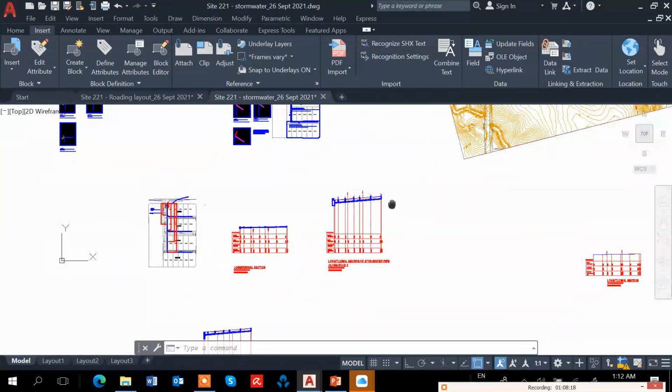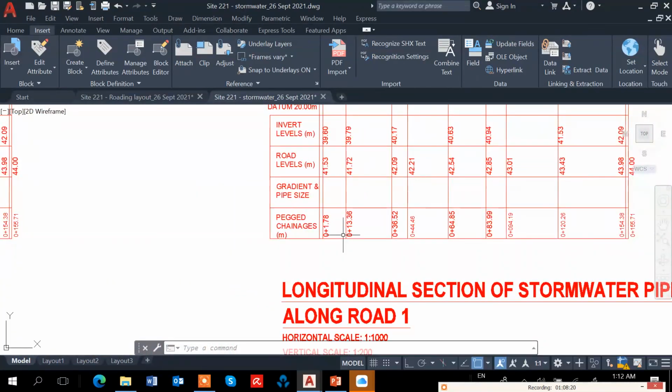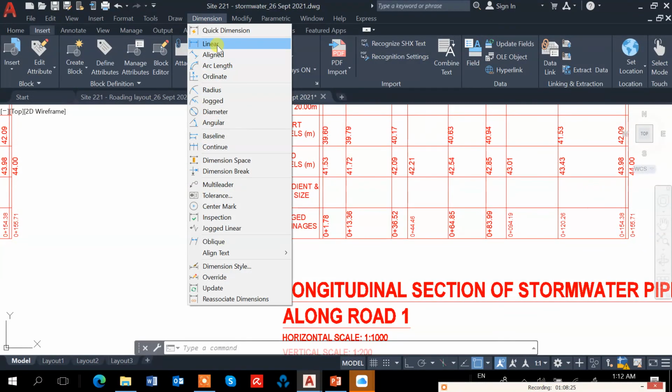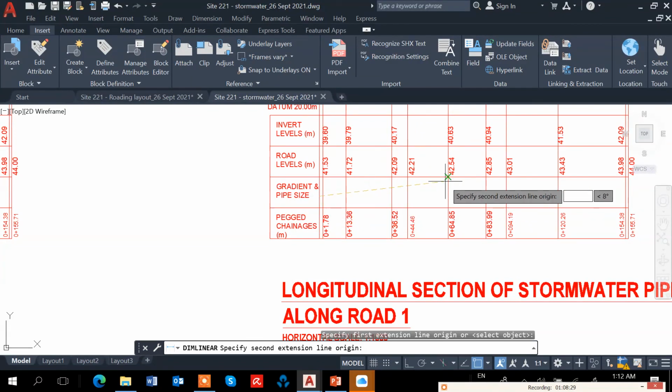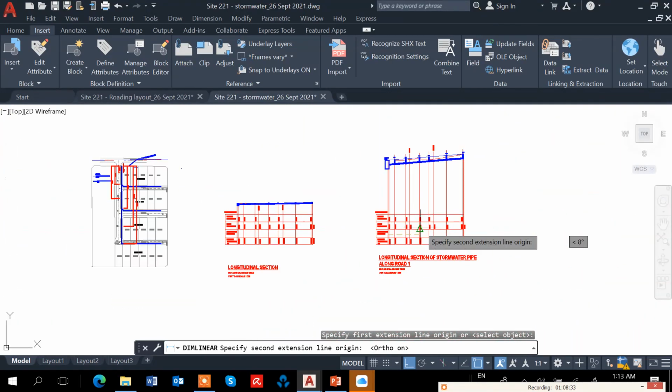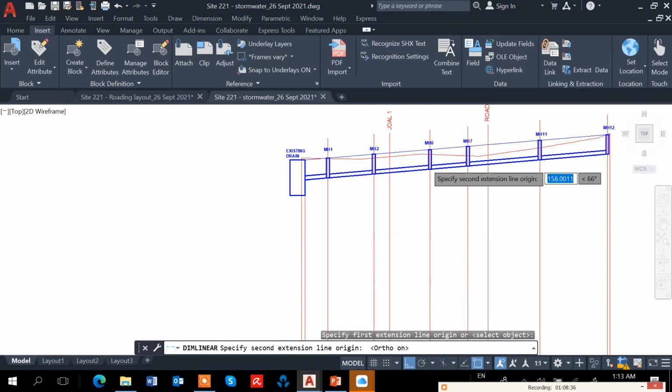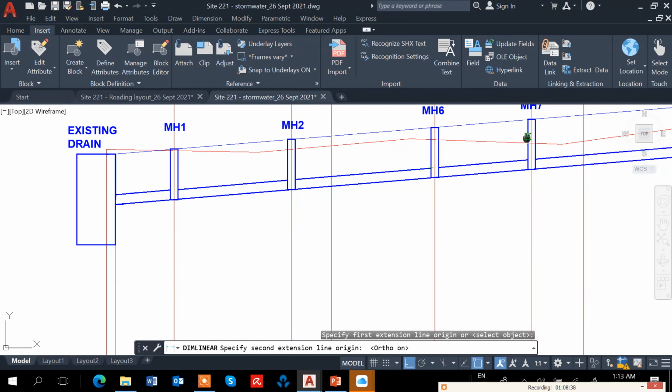So I just need to label it. What I do is a linear dimension. First level, first that one, manhole 7. This one.